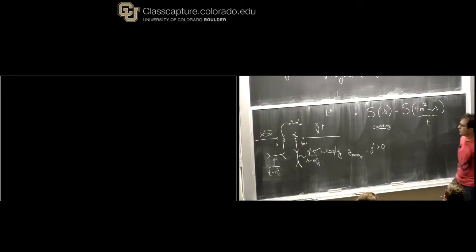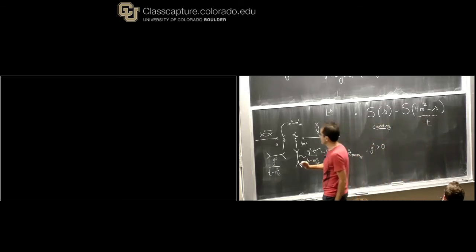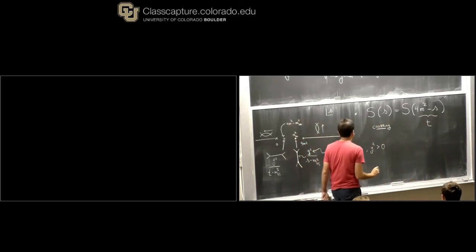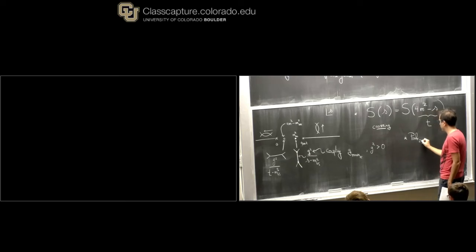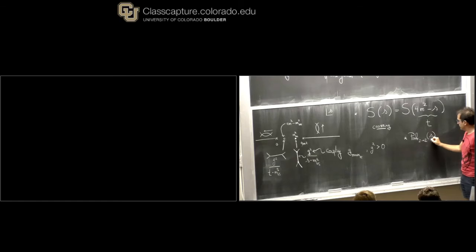Good. So that's two properties of this S matrix that we have. What about the probability? Remember that we said that the probability of two particles going into two particles at some energy S, where S needs to be bigger than 4m squared to be in a physical process.